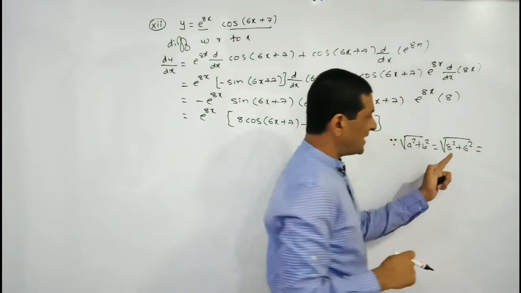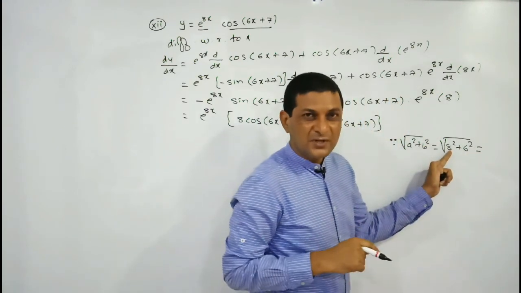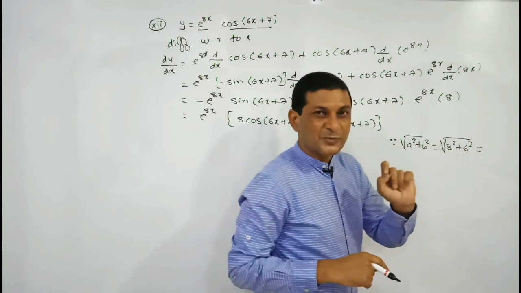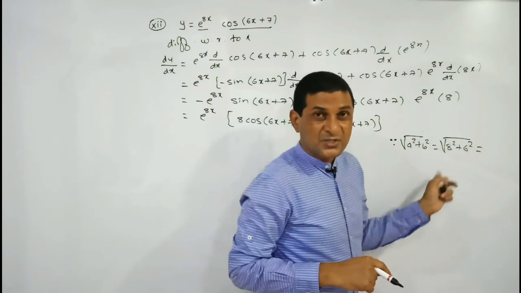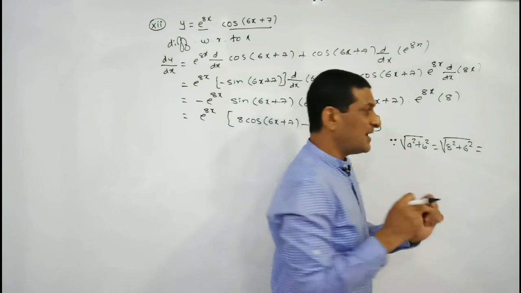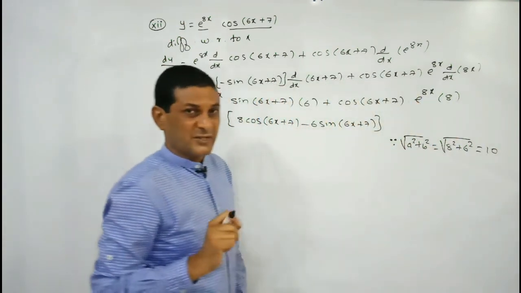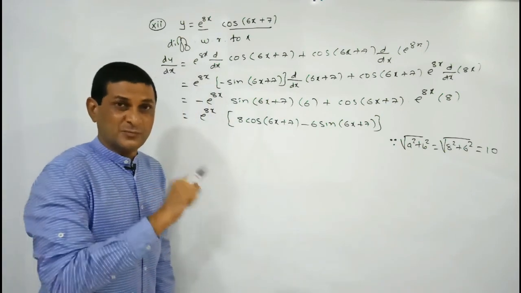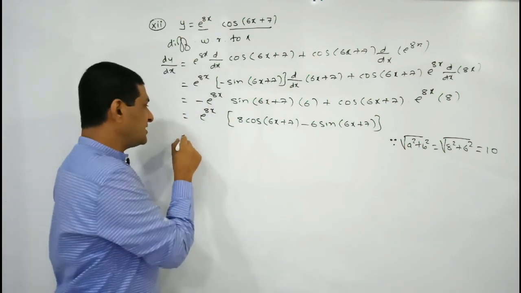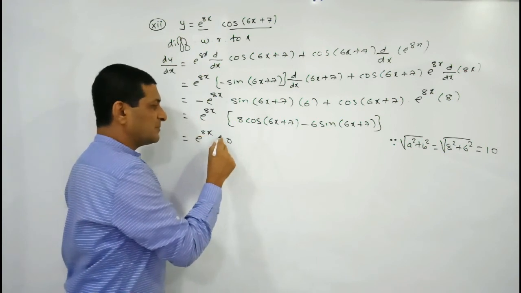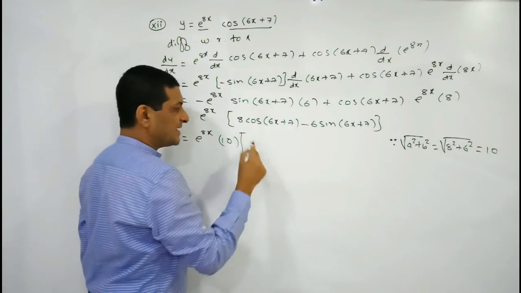Square of 8 is 64 and square of 6 is 36. 64 plus 36 is 100 and square root of 100 will be equal to 10. Means value of under root a square plus b square is 10. So I am multiplying by 10 here. Since I am multiplying by 10, we are dividing by 10.